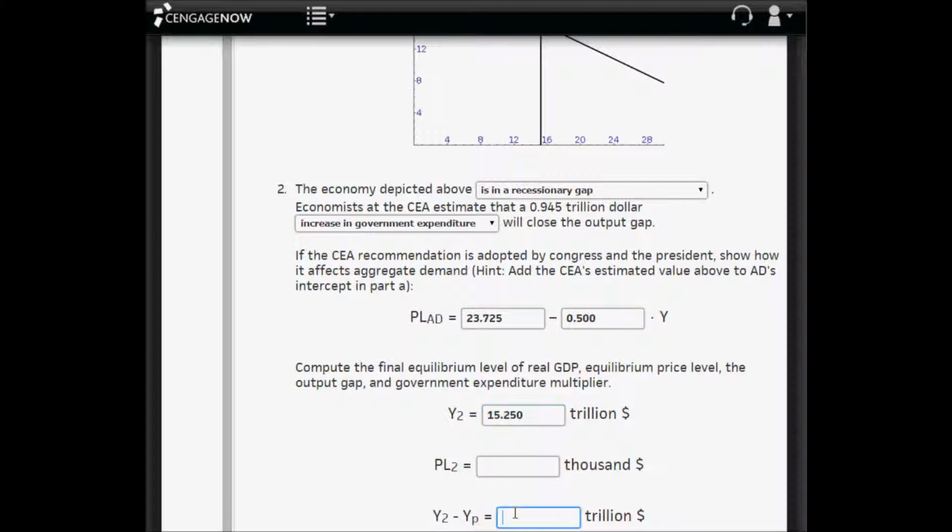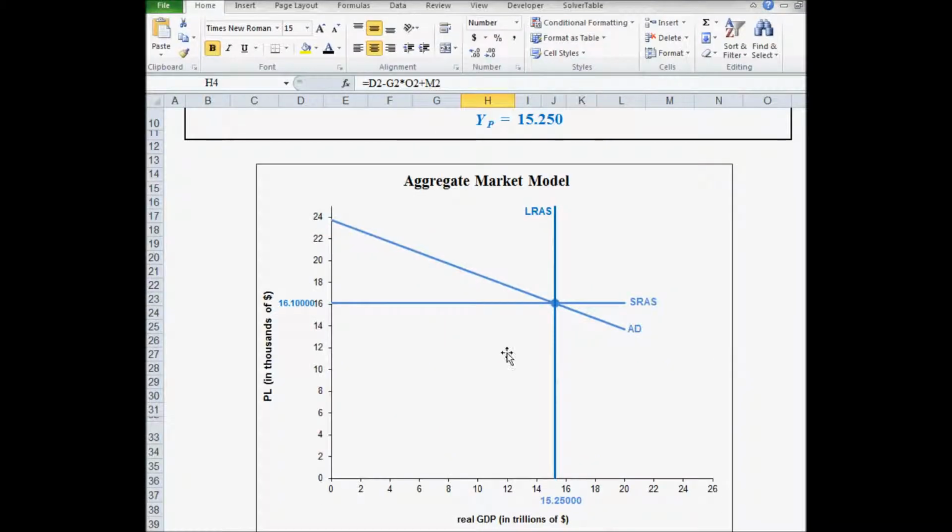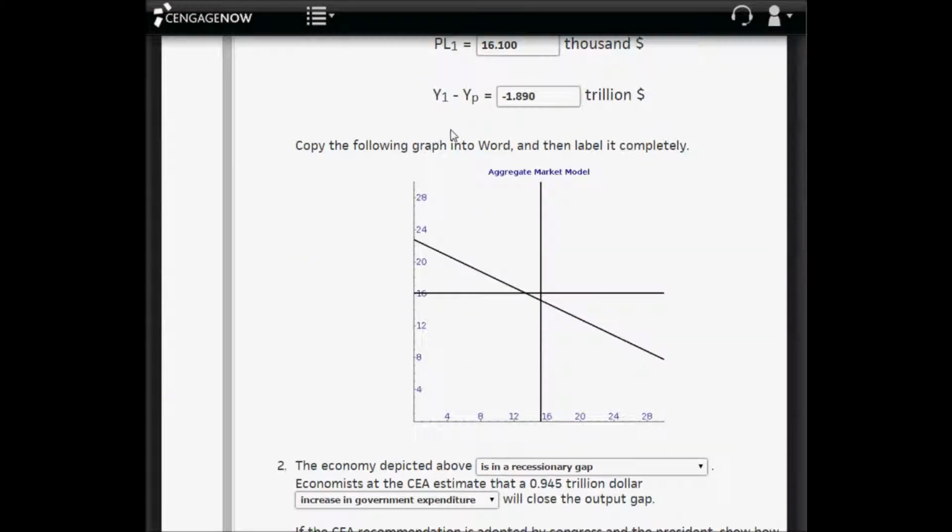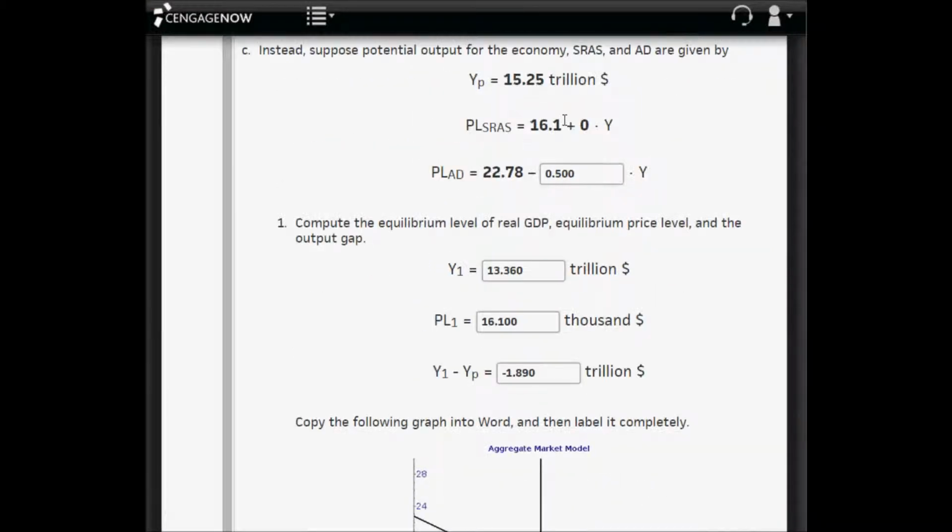So the output gap is 0. The equilibrium price level, because short run aggregate supply is perfectly inelastic, is equal to short run aggregate supply's intercept, 16.1.